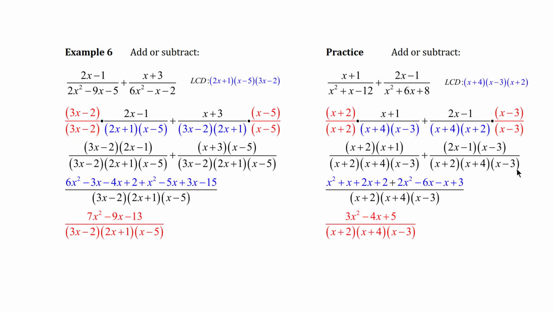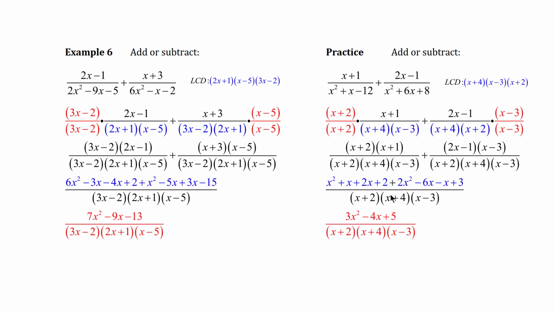The next step is simplifying by multiplying the binomials in both of the numerators and then combining everything under one fraction. The result is x squared plus 2x plus 2 plus 2x squared minus 6x minus x plus 3, all over (x plus 2)(x plus 4)(x minus 3).